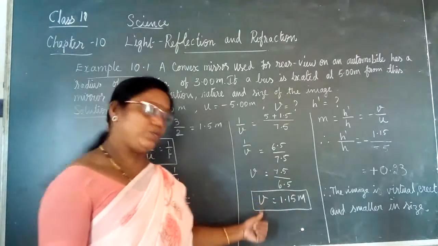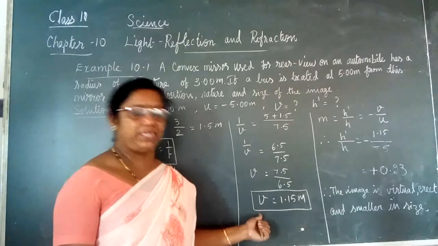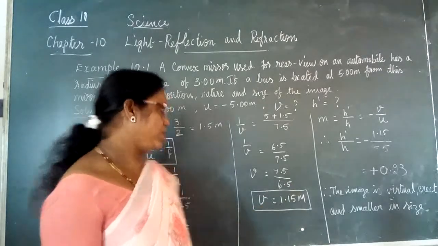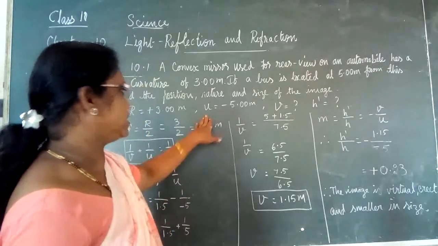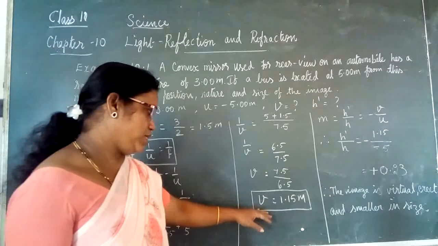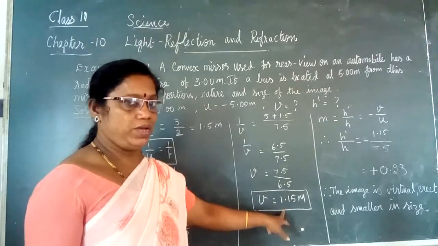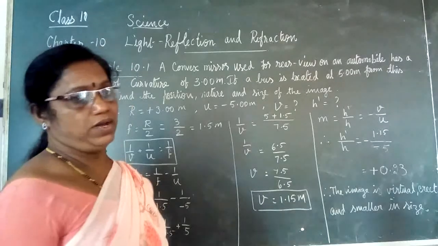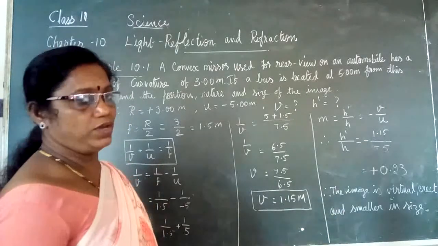Hence v is the image distance, and the image distance is 1.15 meters. See, the object distance is minus 5, whereas the image distance is plus. Plus means it is on the right side, that is, the other side of the mirror.